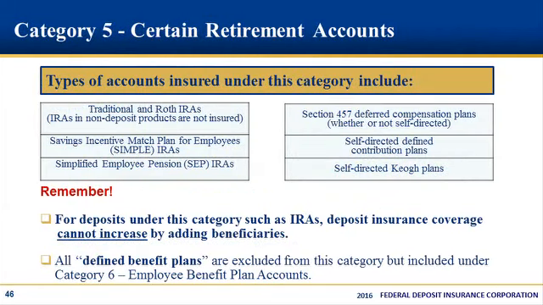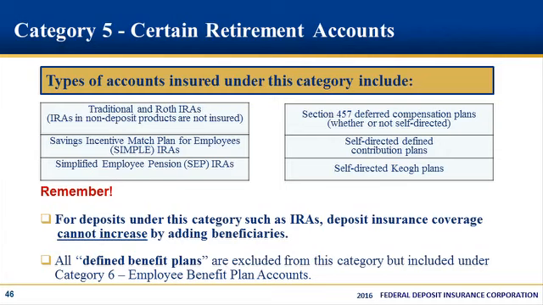While IRAs are the most common form of self-directed retirement plans under this category, it is important to recognize that self-directed defined contribution plans are also included. A common misunderstanding about retirement plans insured under this category is that adding beneficiaries will increase coverage similar to deposits that are revocable trusts.